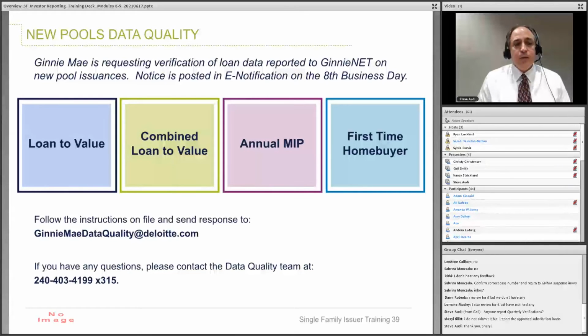So this topic is about Ginnie Mae looking at the data quality and changes from values reported at time of pooling. The loan to value, the CLTV, the annual MIP, first time home buyer indicator, these are all on the various loan record.